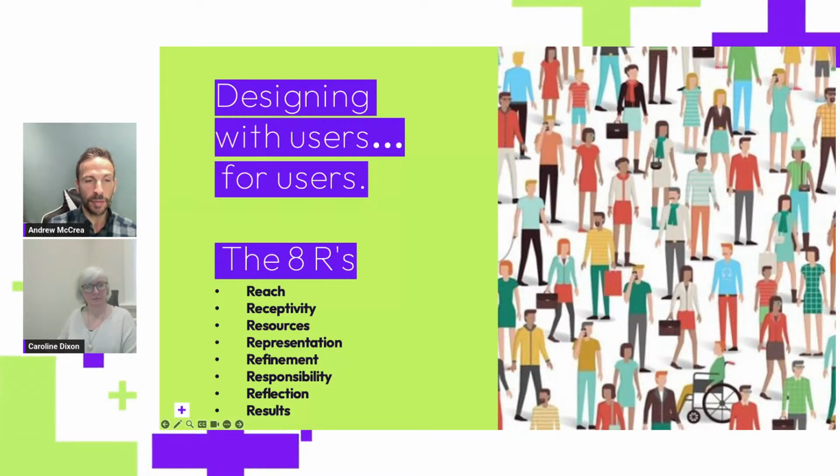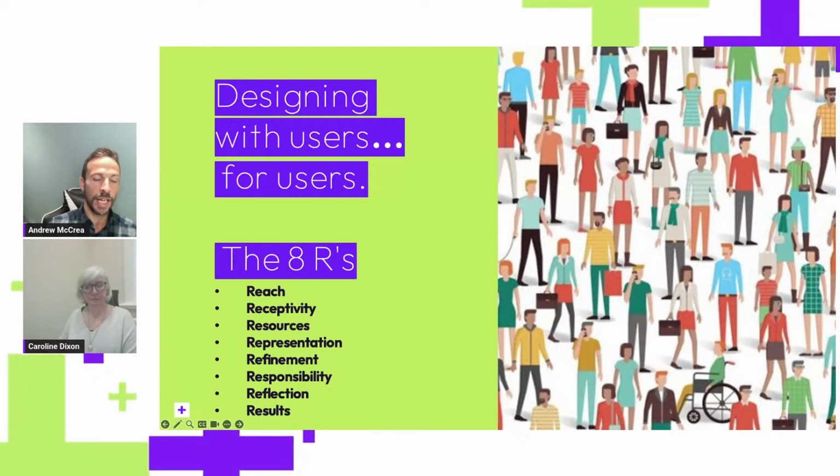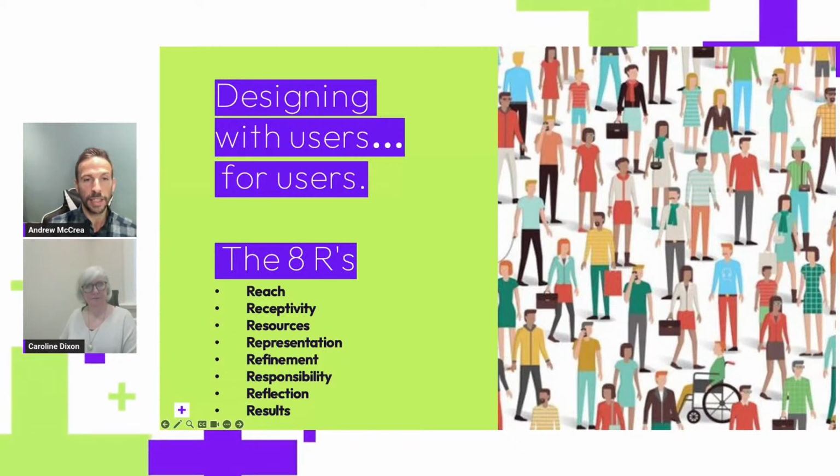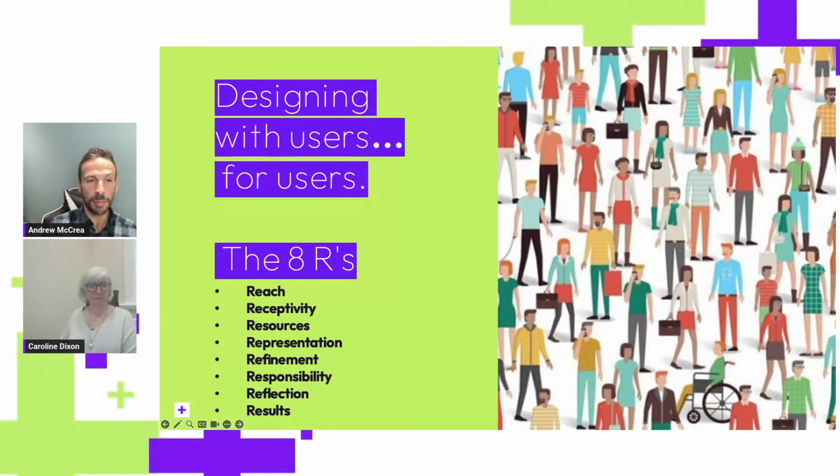And then we have reflection and results. So just like in Caroline's journey, it doesn't end with we've got something live. It ends with let's reflect, let's look at the data, and then let's go back and think about that problem at the start. Have we properly solved it, or do we need to look at it from a broader perspective?